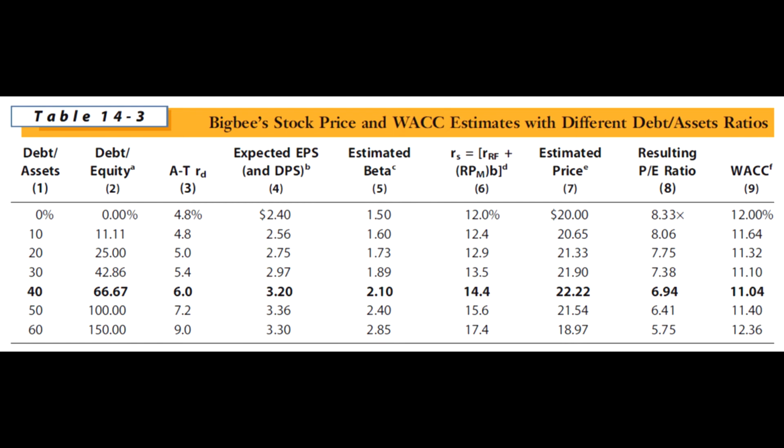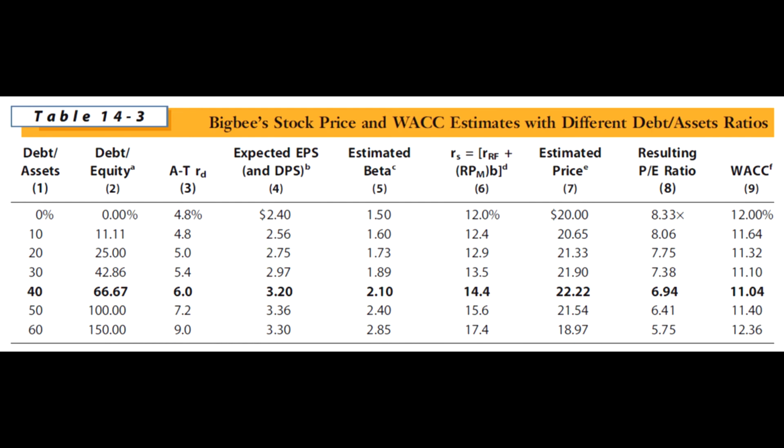However, as debt ratio rises, the costs of both debt and equity rise, at first slowly, but then at a faster and faster rate. Eventually, the increasing cost of the two components offsets the fact that more low-cost debt is being used. Indeed, at 40% debt, the WACC hits a minimum of 11.04%. After that, it rises with further increases in the debt ratio.